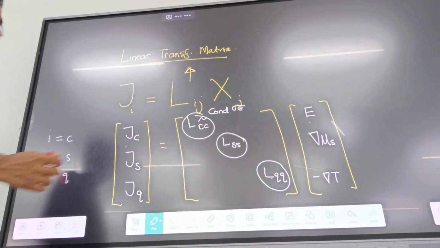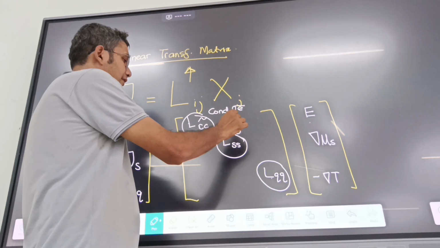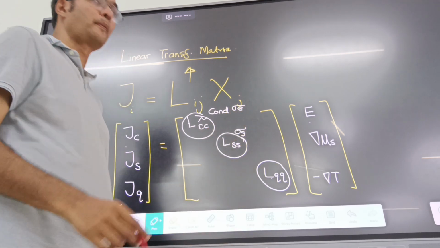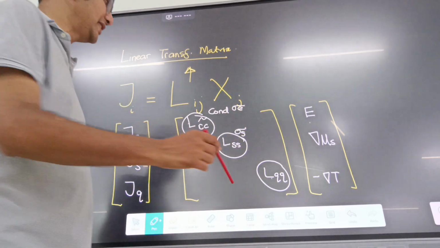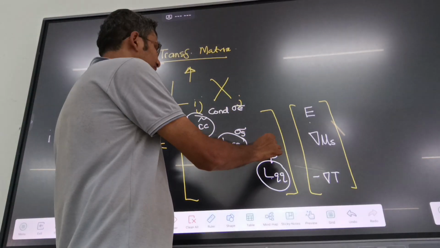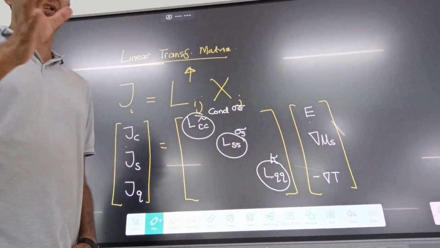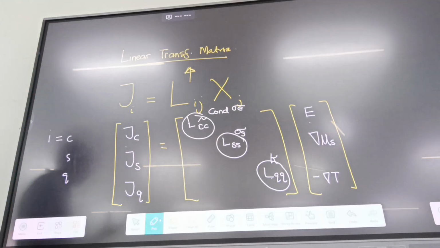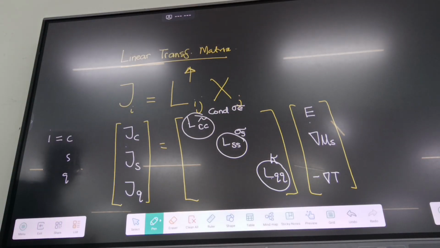This can be the conductivity of the spins, right? And this can be thermal conductivity. यहाँ पे कोई दूसरा component नहीं है, सिर्फ charge की जगह पे charge है, spin की जगह पे spin है और heat की जगह पे heat.